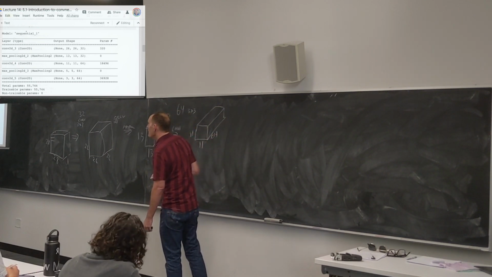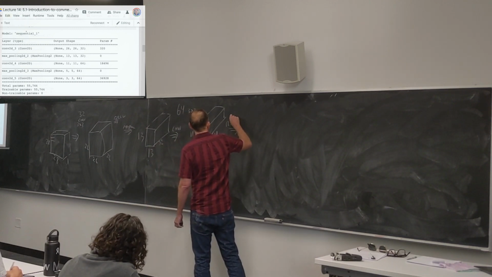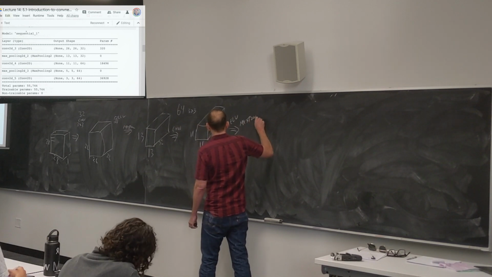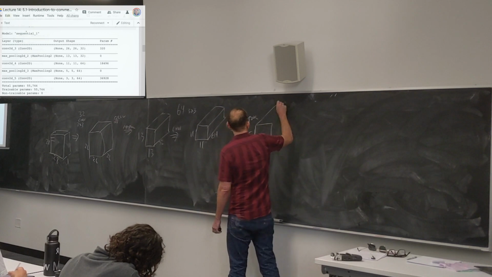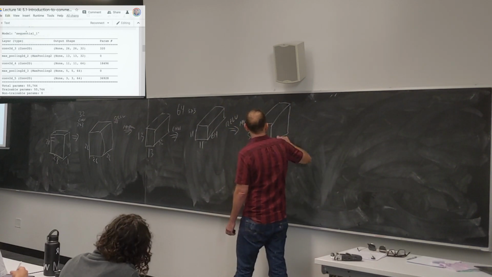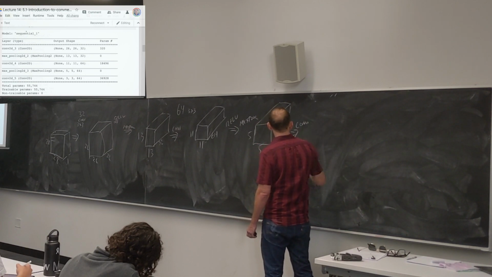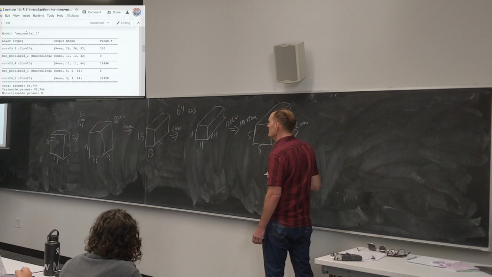And then, one more max pooling? We have a ReLU, and then we have a max pool. So 5 by 5 by 64. And then finally one more conv, of which we have 64 again.